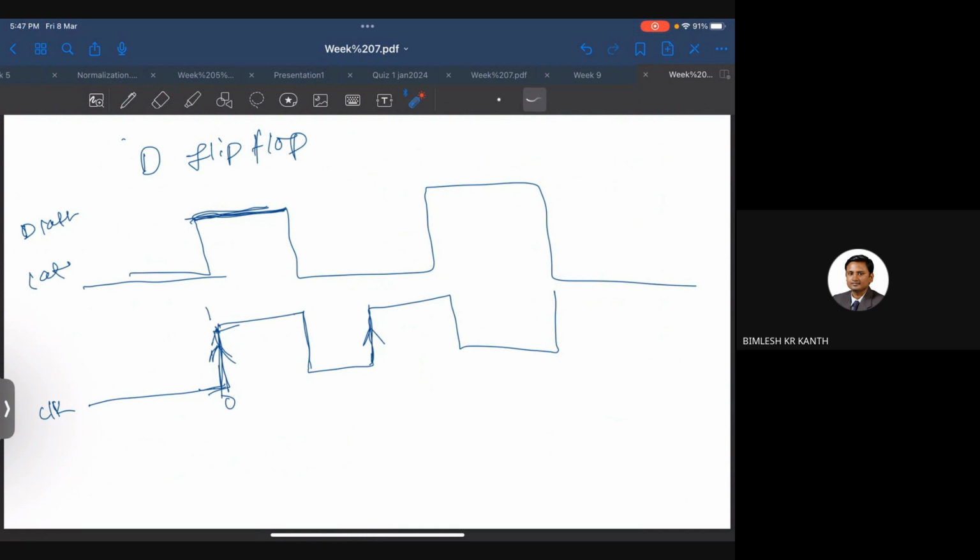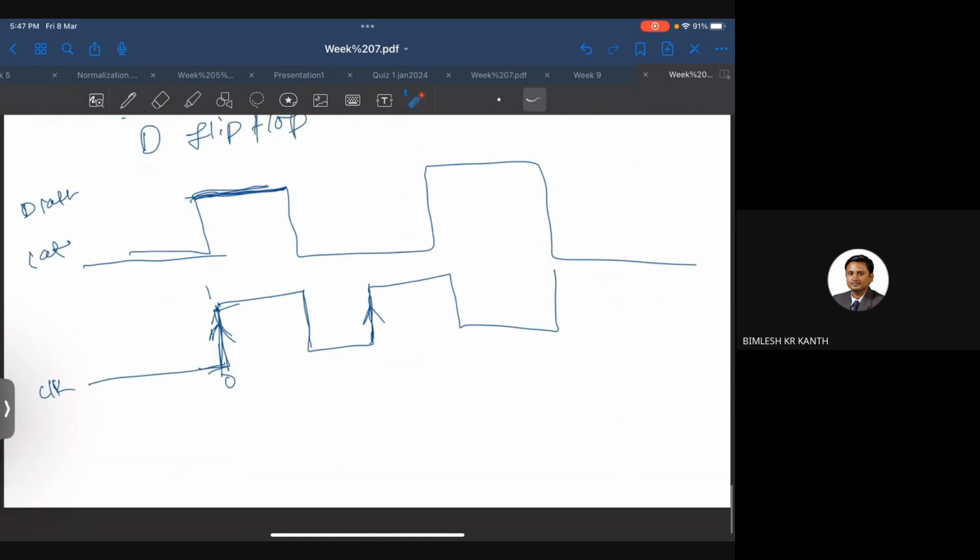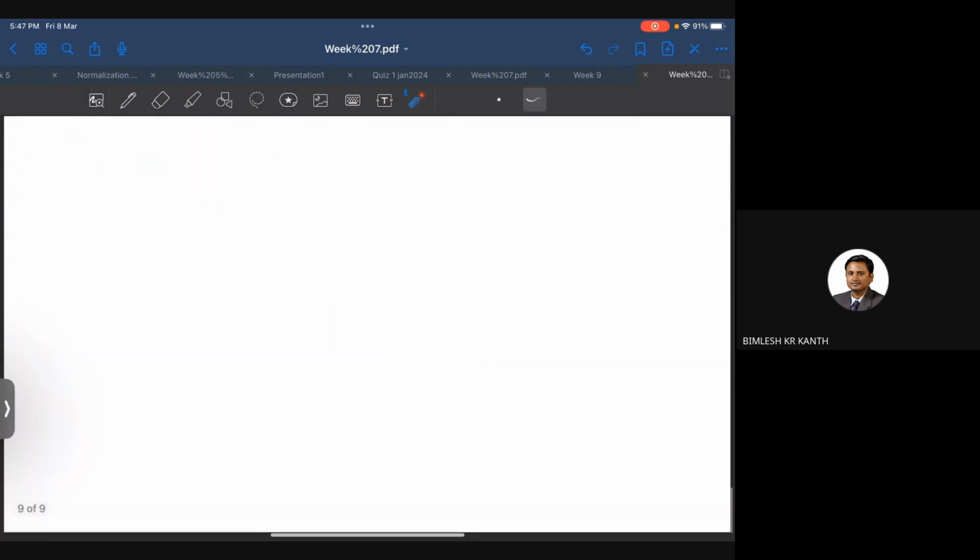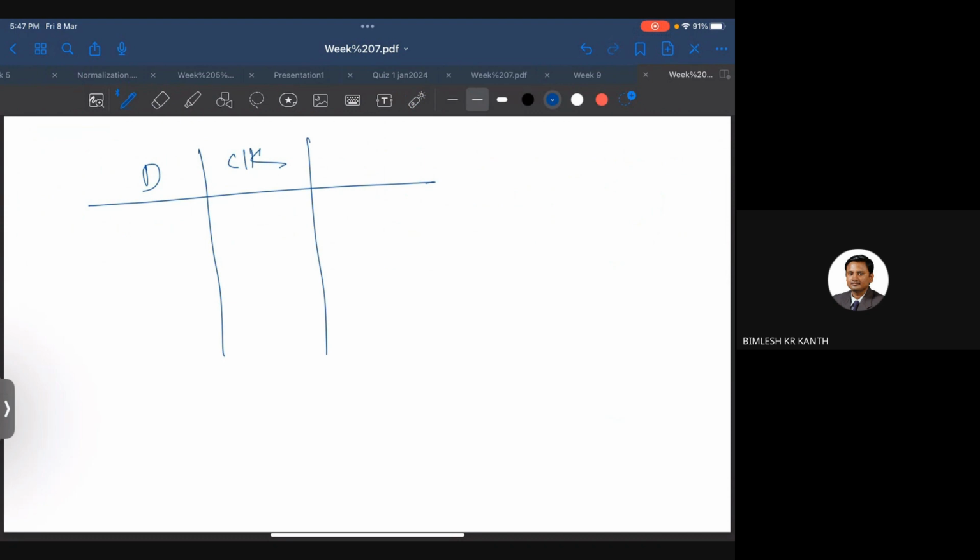Okay, let's see the timing diagram, that will be good. So D, and this is the clock or WE, and Q, Q next or Q. If D equals 0 and the clock is changing from 0 to 1, then the output will be 0.